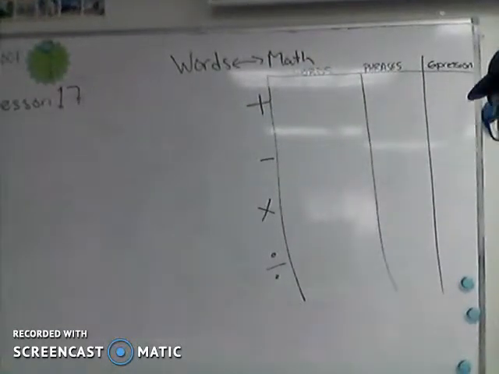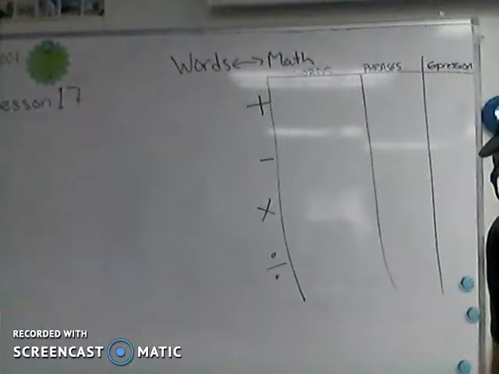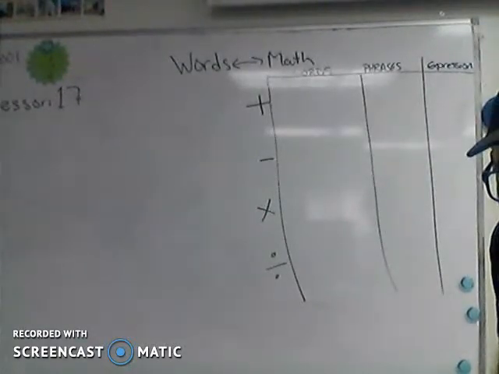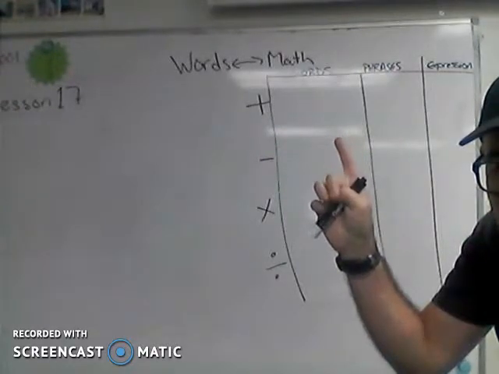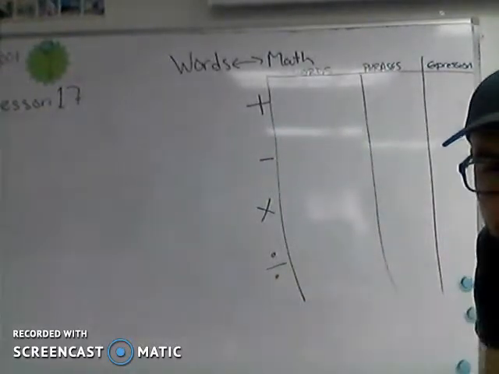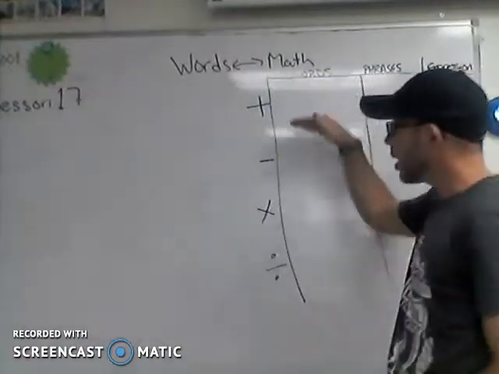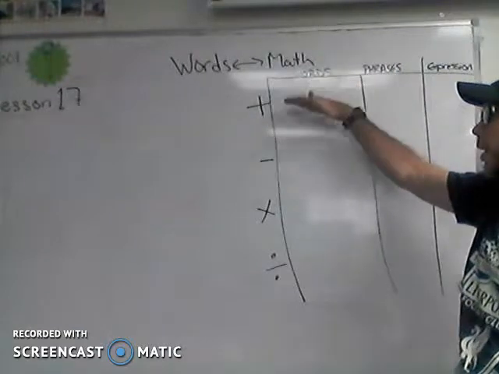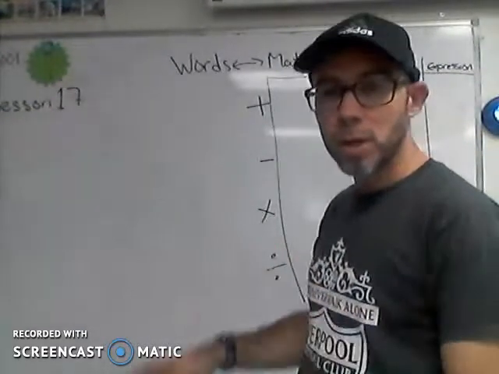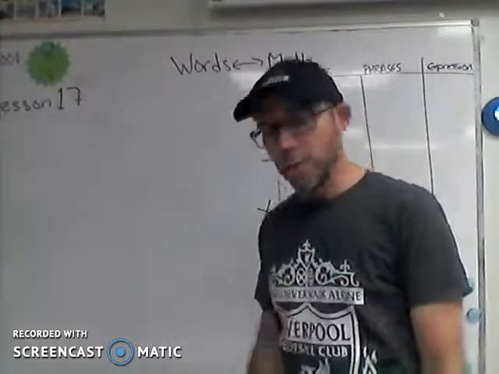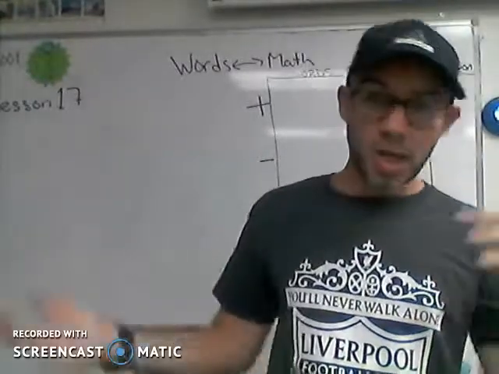There we go. Might want to hit pause and copy down something in your notebook that looks like this. 5, 4, 3, 2, 1. Pause is a beautiful thing. And we're going to just take the operations of adding, subtracting, multiplying, and dividing. We're going to throw some words in there, maybe write some phrases, different ways that you could say it.